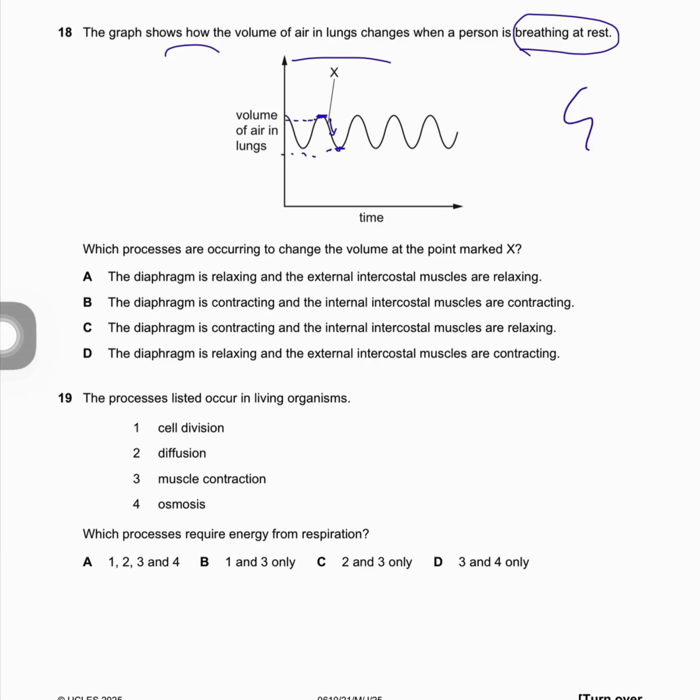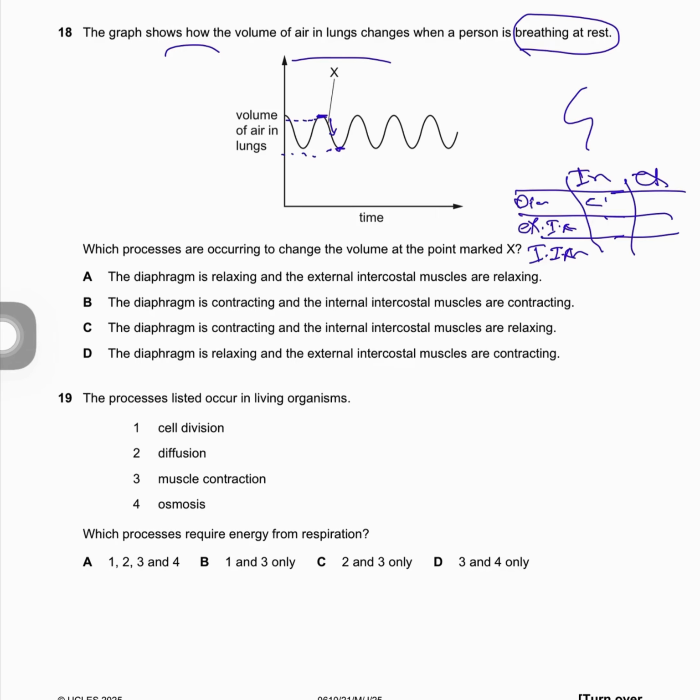and I have to know what's happening during inhalation and during exhalation. Let's go for 3 important points. What happens to the diaphragm? What happens to the external intercostal muscles? What happens to the internal intercostal muscles? Okay, so let's continue. Diaphragm during inhalation, what happens to it?